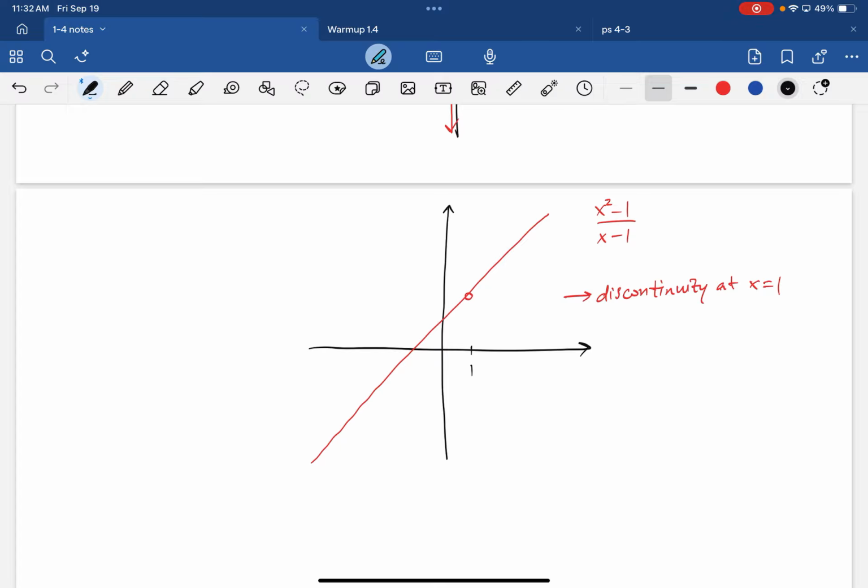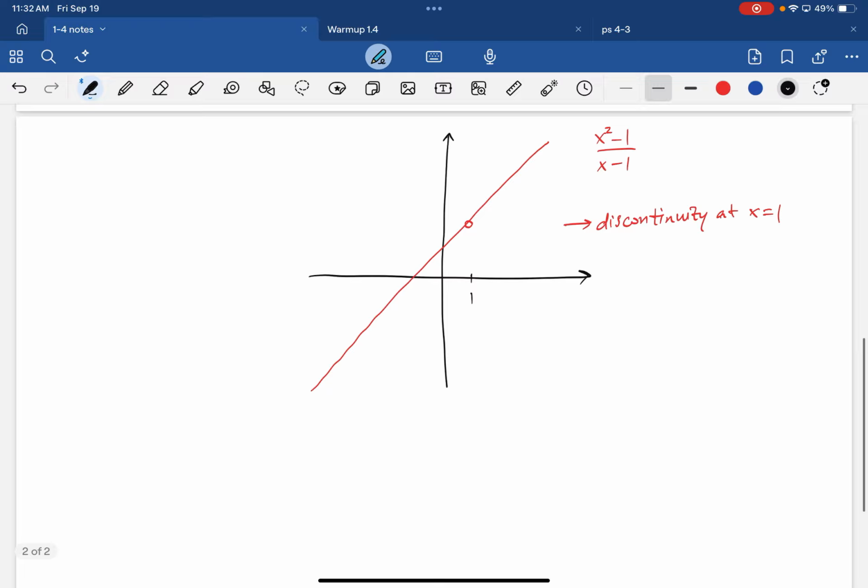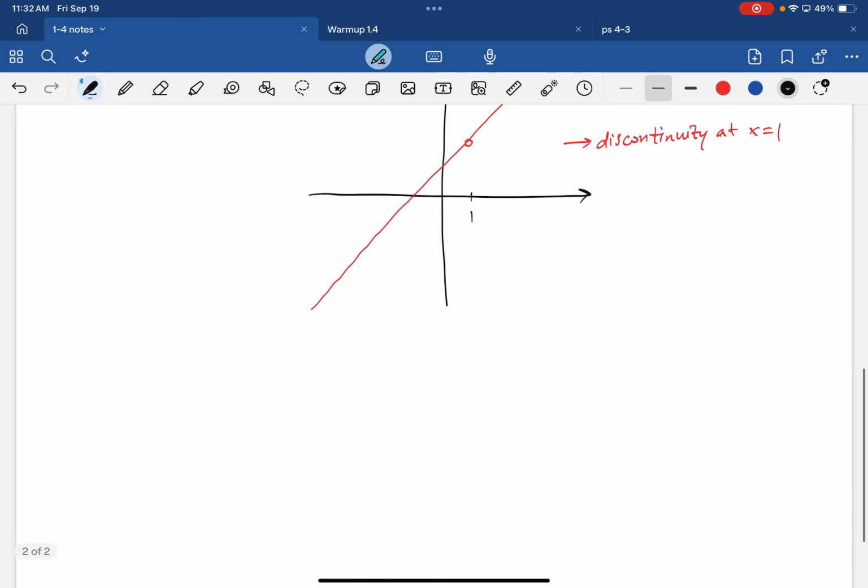Now we also typically talk about an interval of continuity, okay? It's the second kind of terminology. Basically, an interval of continuity is the set of all x such that the function is continuous at that value of x, right?